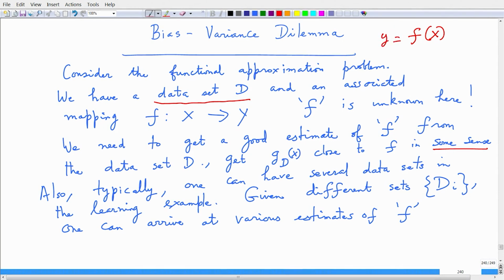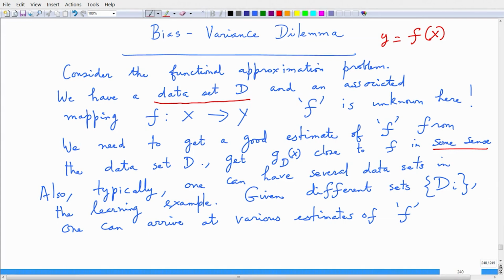Note that x can be a vector and y could also be a vector, but in a multi-class problem y can be the label and it can be a scalar and x can be a vector, or it can be the case when x and y both are scalars.